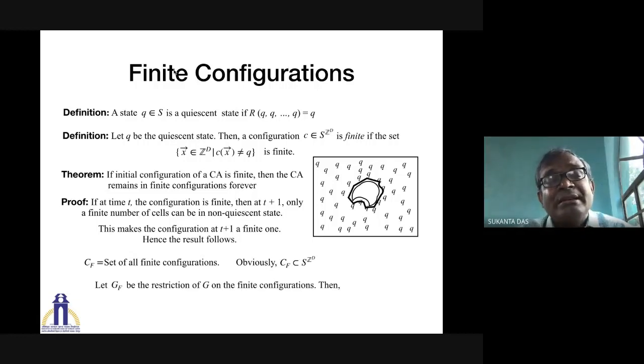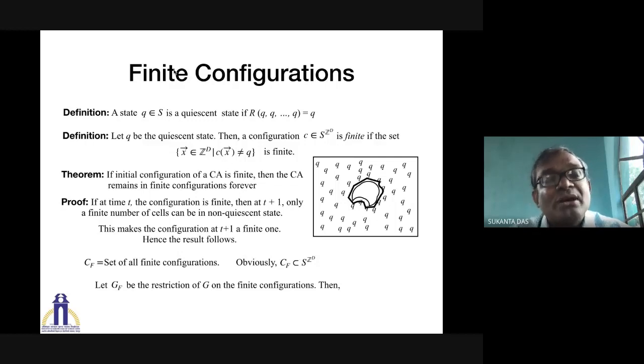Now let GF be the restriction of G on the finite configurations. Recall that G is our global transition function, which is actually the CA. Suppose the domain of G is always CF.